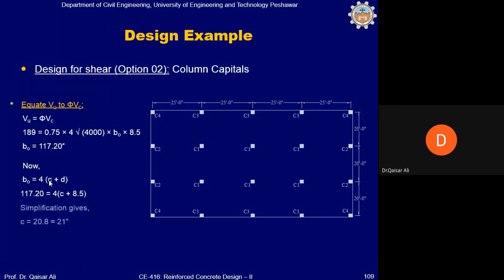And we know that this column dimension c is 20.8, and when we round this up, it will become 21 inch. If it is provided all along the length of the column, this will unnecessarily increase the size of the column and put a burden on the project. So we will increase the column size at the top portion of the column.